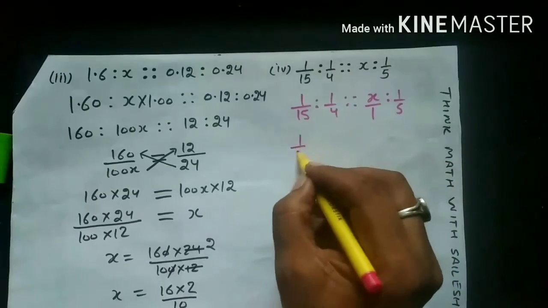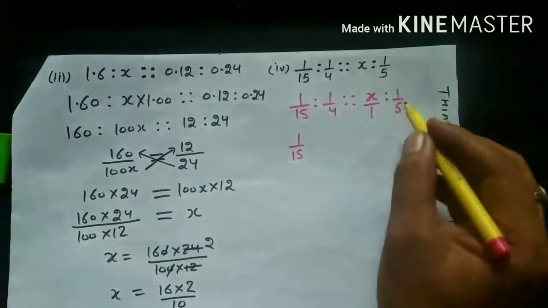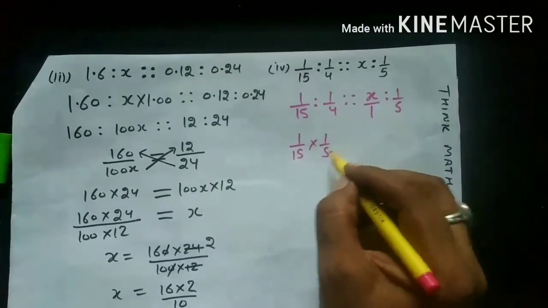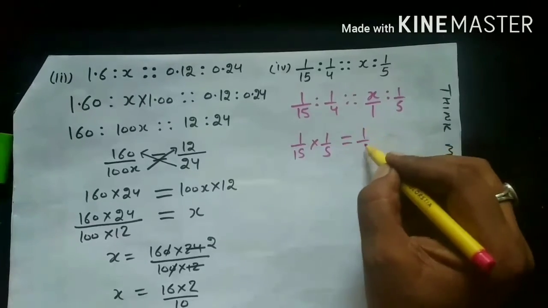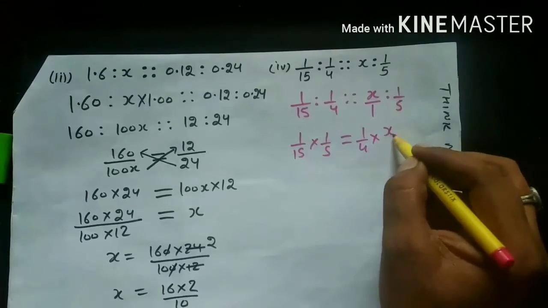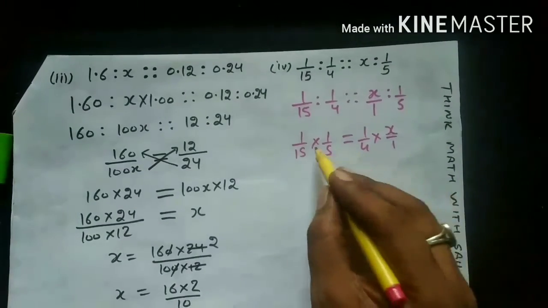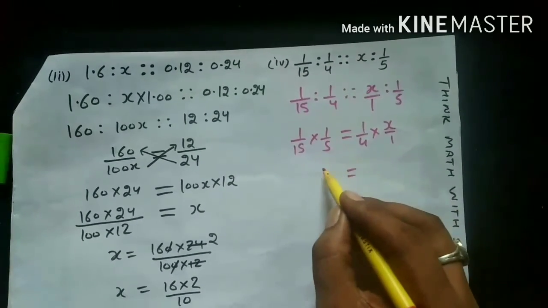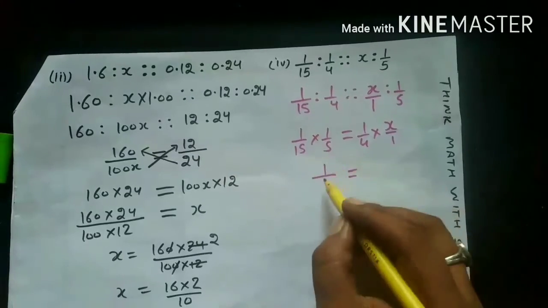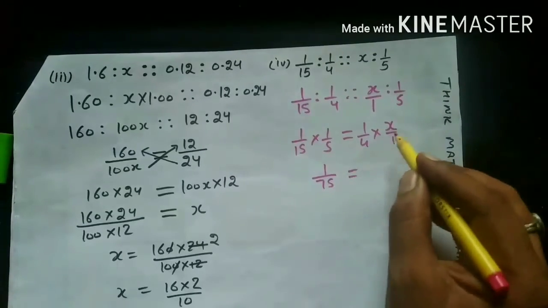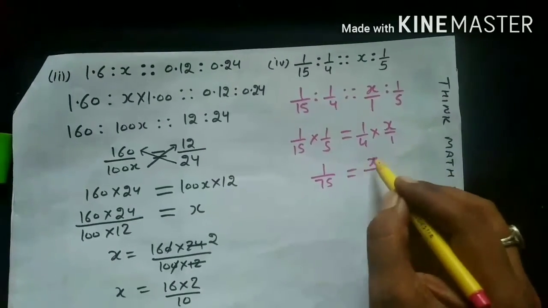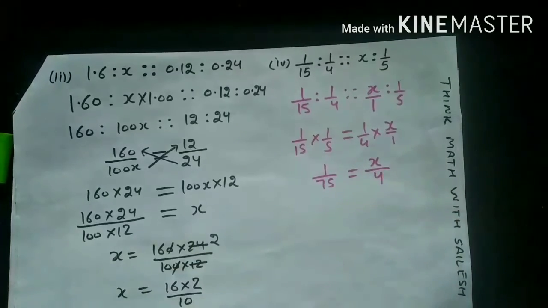So 1 by 15 multiply 1 by 5 is equal to 1 by 4 multiply x over 1. x over 1 means x. So now 1 into 1, that is 1. 15 multiply 5, 75. And 1 multiply x, x. And 4 multiply 1, 4.